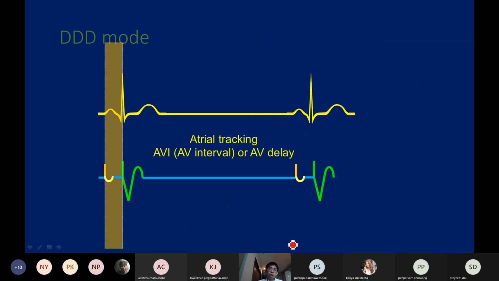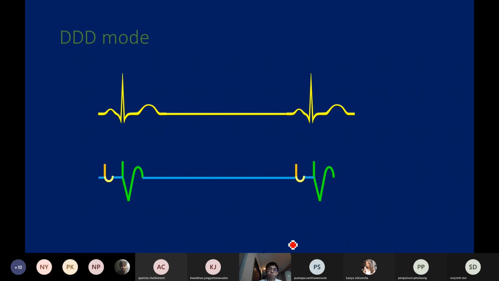In a dual chamber with DDD mode, as I mentioned before, the third D is a tracking mode. So we have programmed an atrial tracking or AV interval or AV delay as a fixed number for the pacemaker to track between the atrium and ventricle channel.